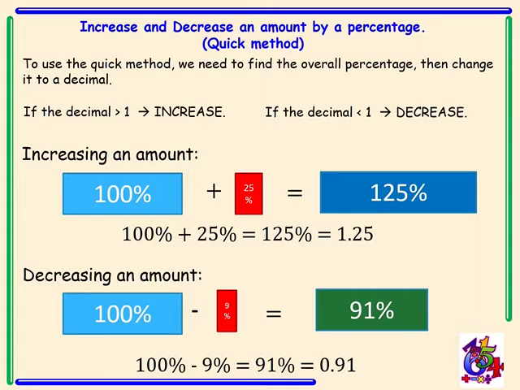So 91, if we divide by 100, is 0.91. And here we can see the increase of 25% is a value greater than 1, 1.25, and a decrease is a value less than 1 at 0.91, as expected.